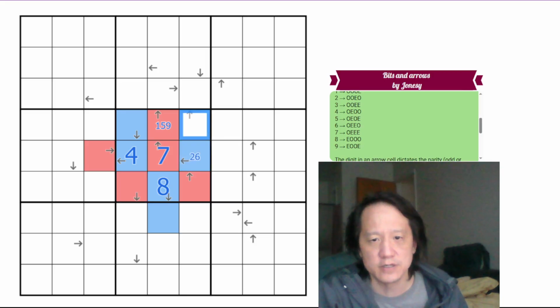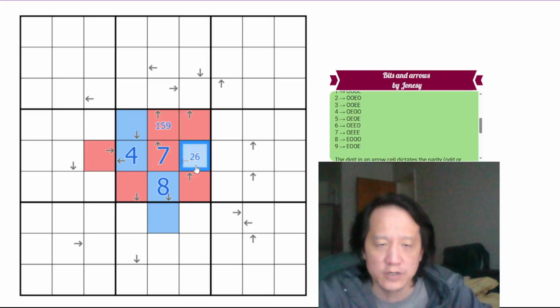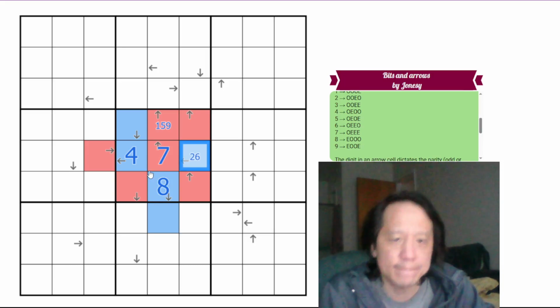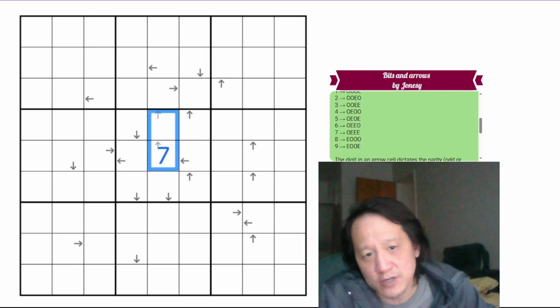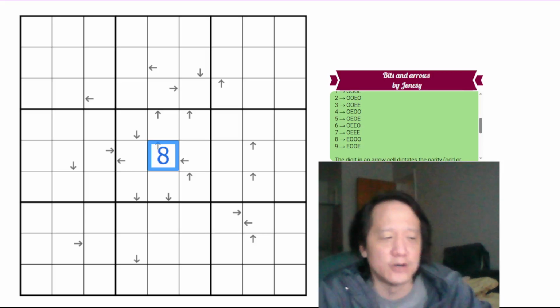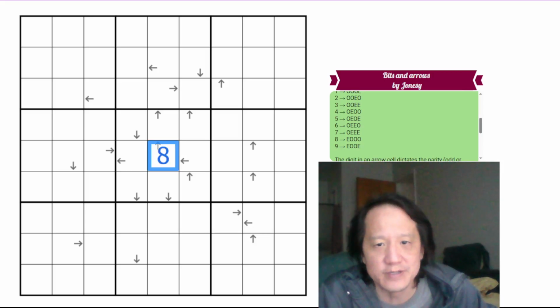That makes this an odd digit here. So this is 2 or 6 with an even digit in the first place. First bit, that's only 8, so that's not allowed. So 7 doesn't work. Great.